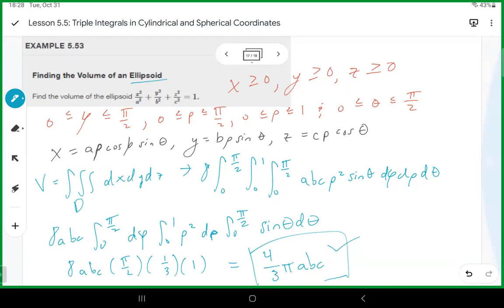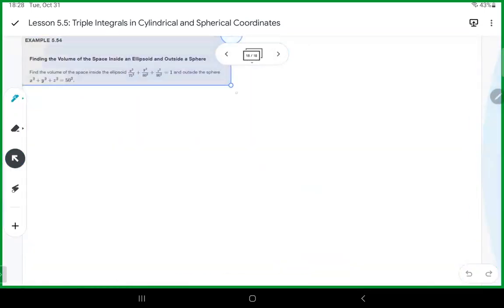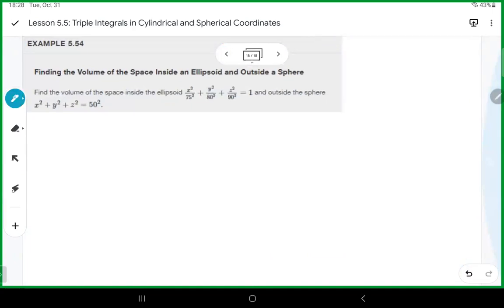All right. And then we have one more example here. We're basically going to use what we just talked about. So it's directly related to the structure. And so what we just found in that previous problem was that the volume of an ellipsoid was 4/3 pi abc.